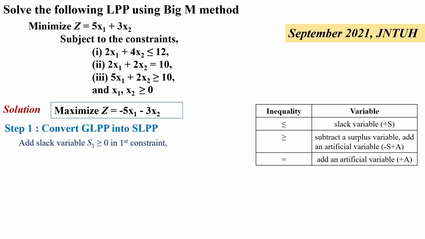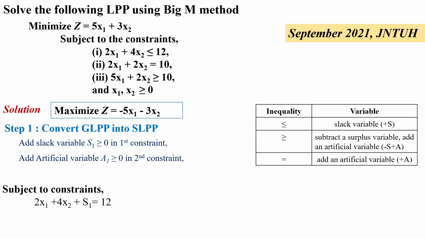In this regard, we have to add the slack variable s1, which is greater than or equal to 0, in the first constraint. Then the first constraint will become 2x1 plus 4x2 plus s1 equal to 12. Next, add the artificial variable a1, which is greater than or equal to 0, in the second constraint.